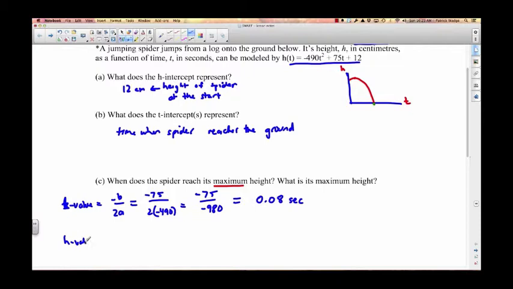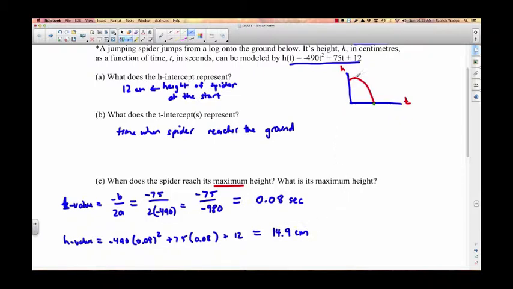So the h value is equal to negative 490 t squared, so 0.08 squared, plus 75 times 0.08 plus 12. I'm not going to show you doing that in a calculator. I'm sure you can try it yourself. But when you do that, you're going to get 14.9 centimeters.